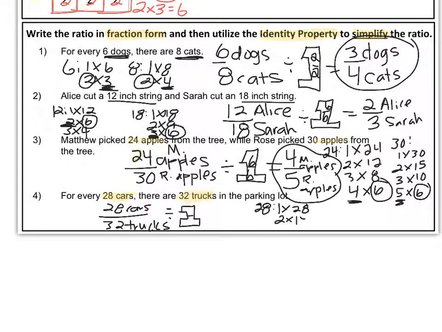And 3 times 9 is 27. So 3 won't work then. So 3 is actually not a factor of 28. So we need to back up a little bit and erase that.